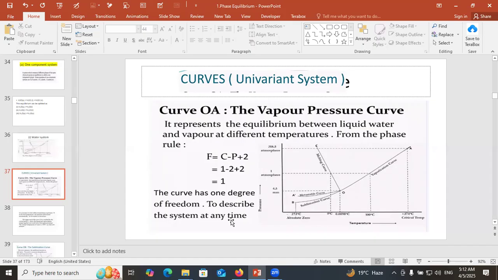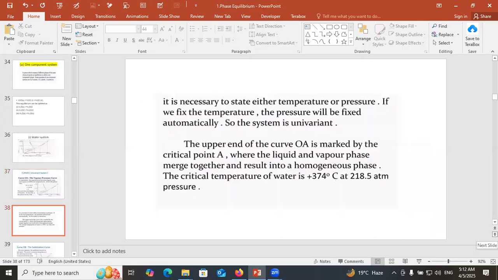To describe the system at any time, it is necessary to state either temperature or pressure. If we fix the temperature, the pressure will be fixed automatically, so the system is univariant.